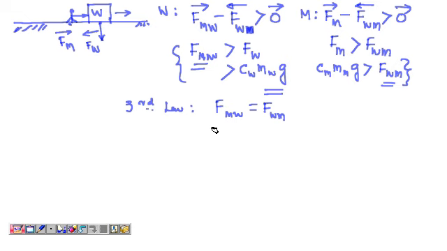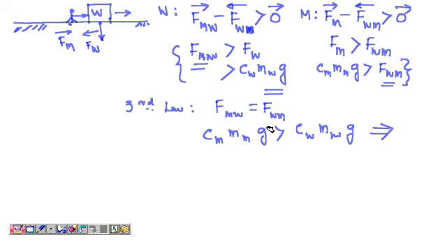Therefore, combining these two, what we see is, if Cm times Mm times G is greater than Cw times Mw times G. If this is happening, then we will all move in this direction.